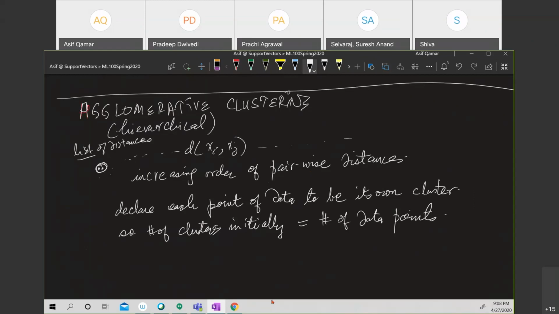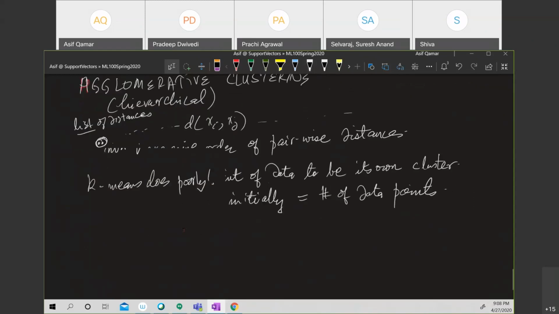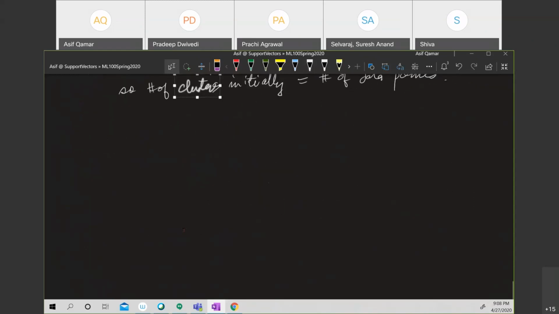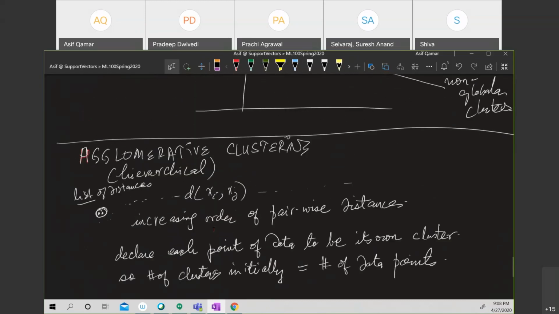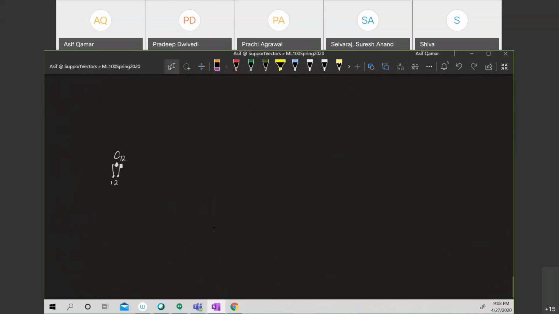And what you do is you merge them. You say that these 2 points, let me just call them 1 and 2, you merge them, and your merged point you call a cluster now. So you create your first basic cluster, let me call it C12, by merging points 1 and 2. Are we together? Then once you have done that, now there is a problem.